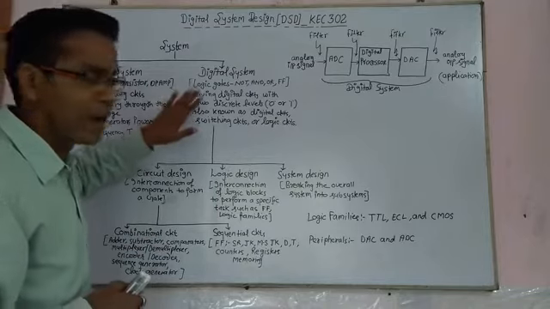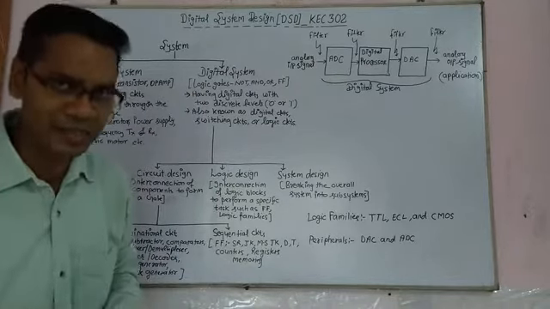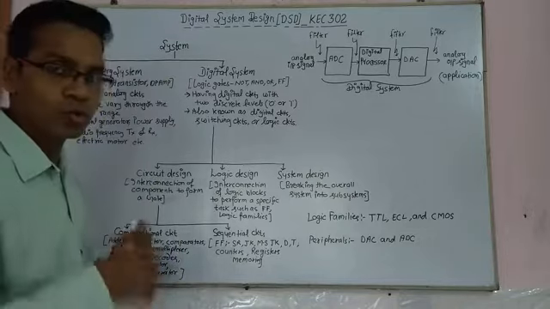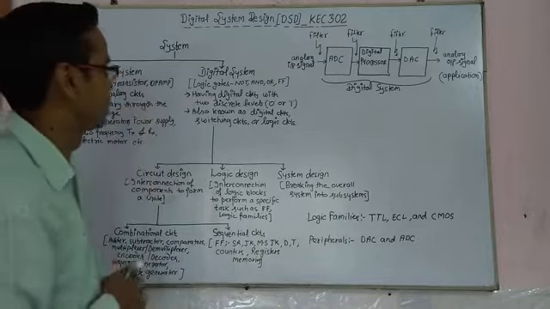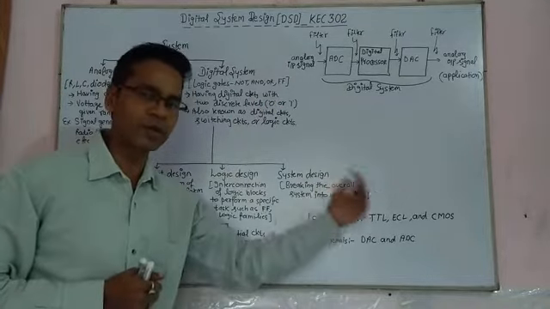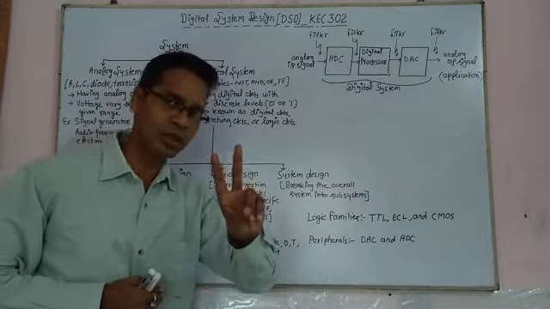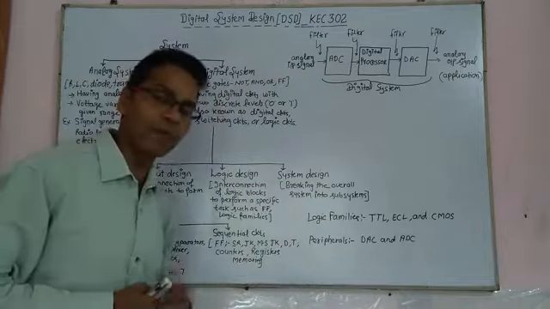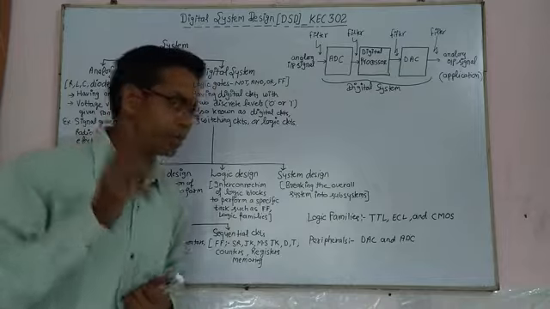This system has digital circuits and works upon digital signals with two discrete levels, 0 or 1. The digital system will work upon 0 or 1.